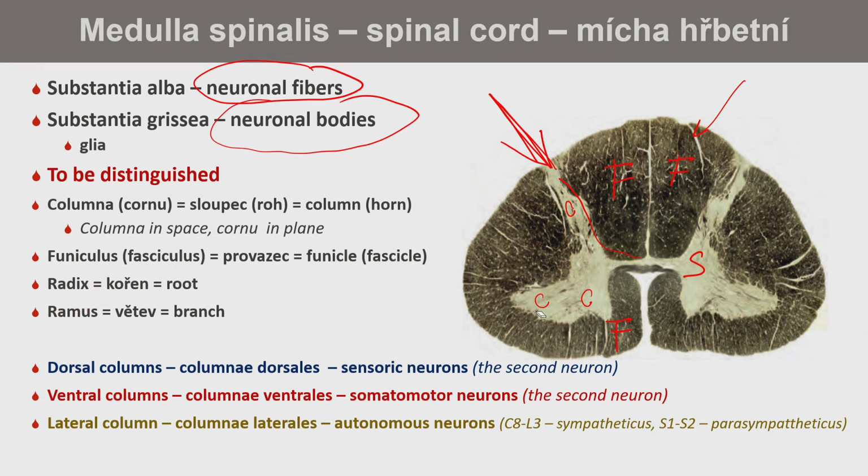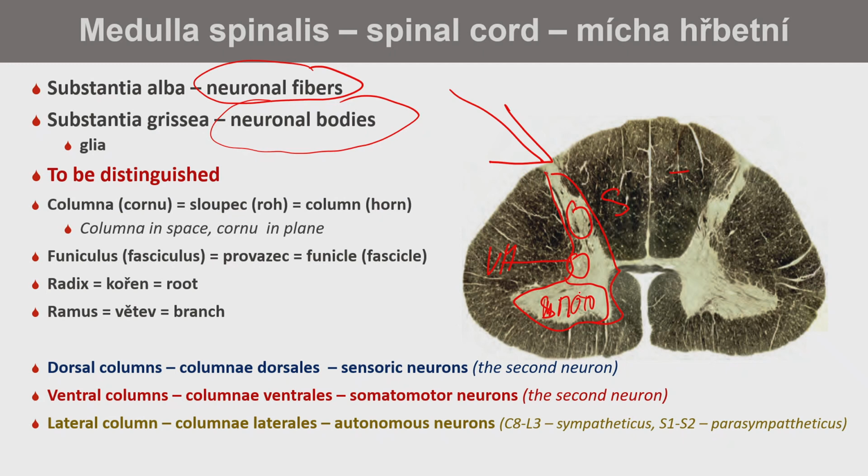So, and then it's important that we can distinguish the territories in a spinal cord. You know that here is information going into, so here are sensoric neurons, and here visceromotor, and here somatomotor, so motor.